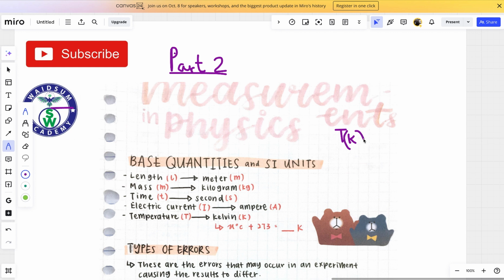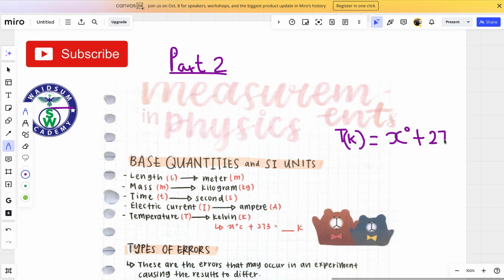If you want to convert temperature in Celsius to Kelvin, take the amount you measured in degrees Celsius, we can call it X. Let's say someone is at 36 degrees Celsius, you put 36 in place of X, plus 273. To convert the value to Kelvin, you add 273 to it.